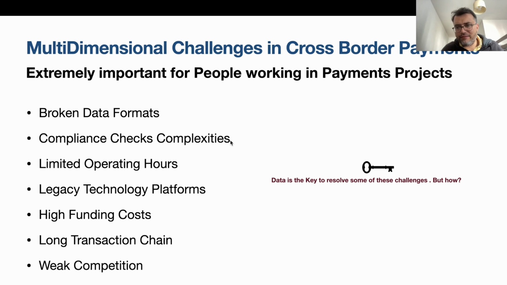On the right hand side, I have put a small comment: data is the key to solve some of these challenges. This is what we typically do on this channel. We always focus on the domain aspects along with the data, because data is so critical in these challenges.